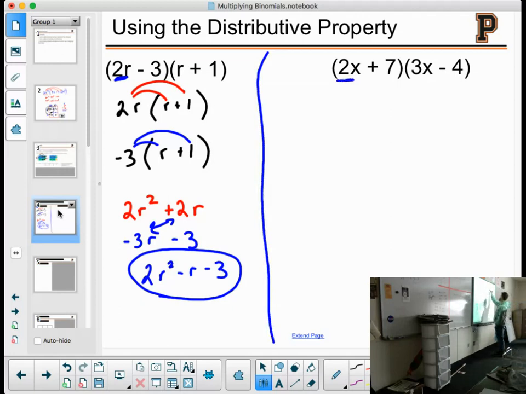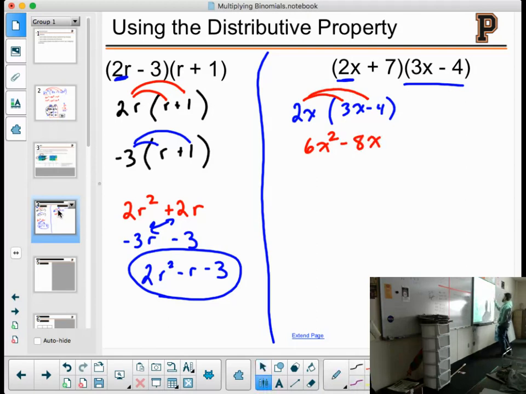Okay? 2x has to multiply by everything over here, 3x minus 4. We can distribute this through. 2x times 3x is 6x to the second power. 2x times minus 4 is minus 8x.